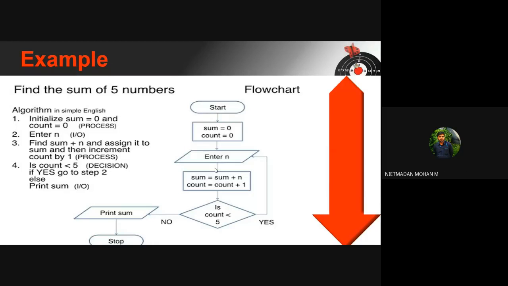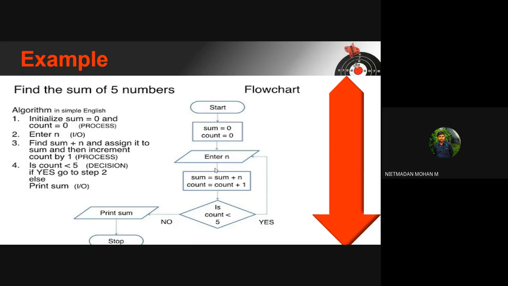In the first step the entered n value will be executed as 1. So sum is equal to sum plus n. Sum was already 0, plus n is 1, so sum is now 1, and count is equal to count plus 1, in the sense count is 0 plus 1, that is 1.